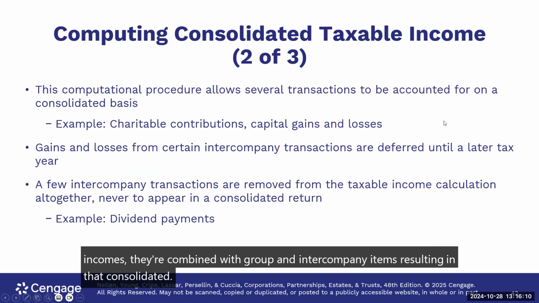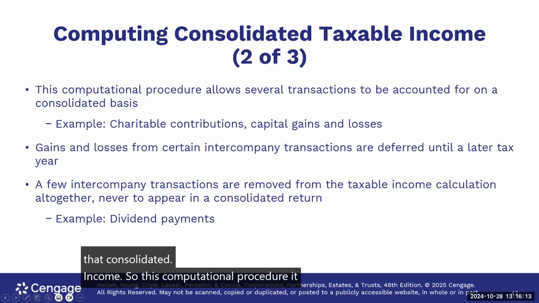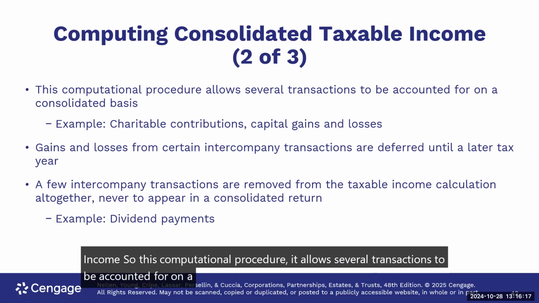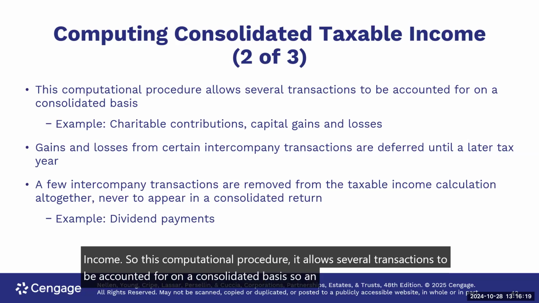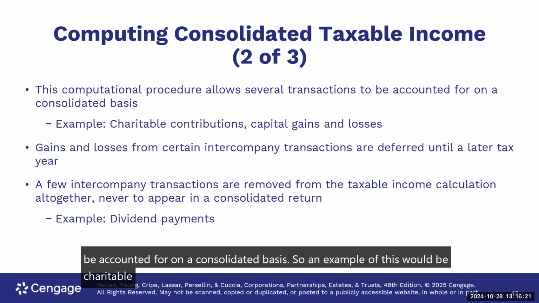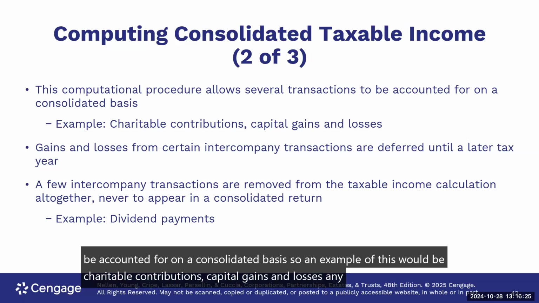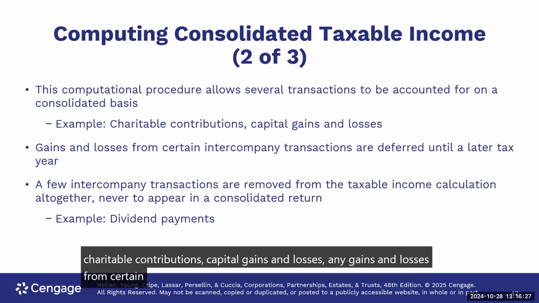So this computational procedure allows several transactions to be accounted for on a consolidated basis. An example of this would be charitable contributions, capital gains and losses. Any gains and losses from certain intercompany transactions are going to be deferred until a later tax year.